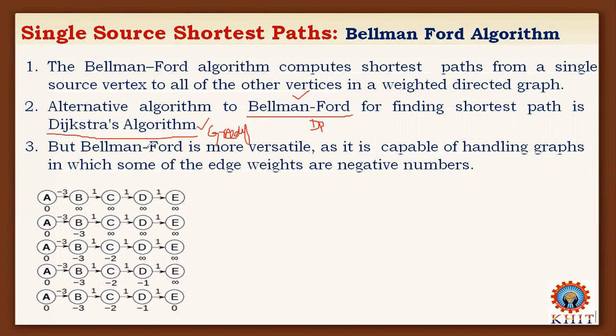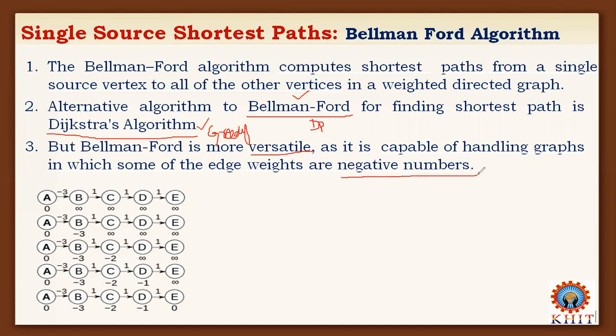Here, the Bellman-Ford algorithm is more versatile compared to Dijkstra. Why is Bellman-Ford more versatile? It is capable of handling graphs in which some of the edge weights are negative numbers.